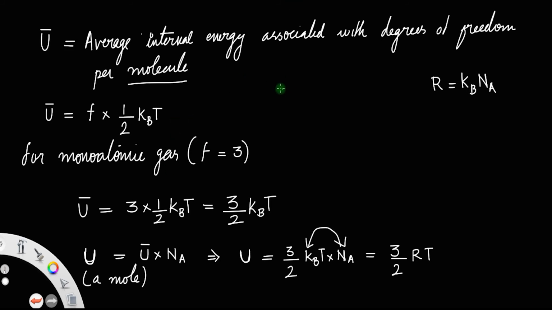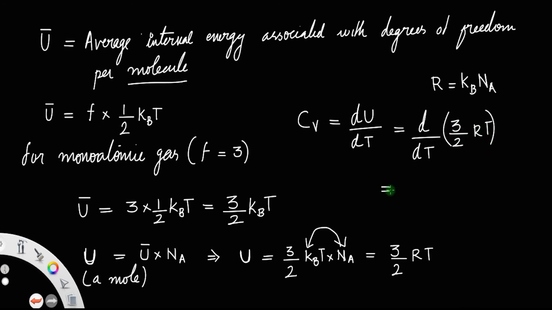So you have molar specific heat capacity at constant volume is the derivative of internal energy with respect to temperature. Clear? So d by dT of, but for monoatomic gas U is equal to 3 by 2 RT, which is equal to, you can take this 3 by 2 R out, and dT by dT.